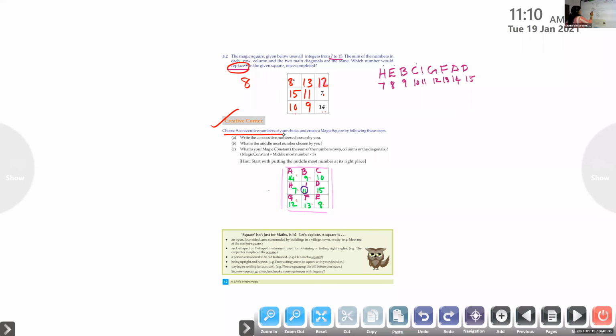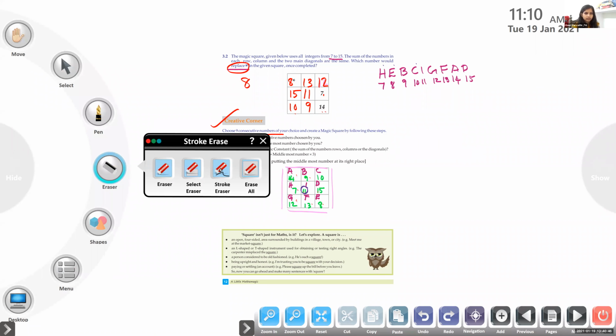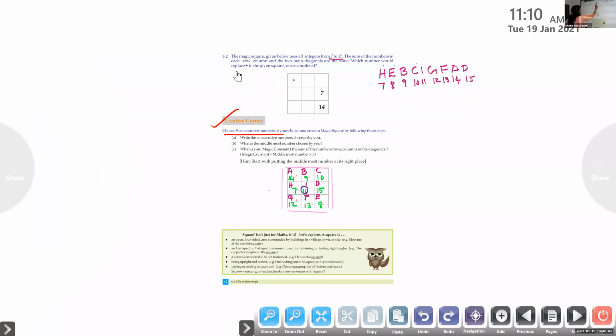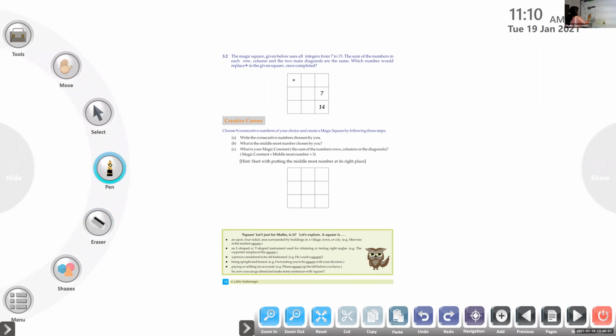So 9 consecutive numbers of your choice. After this period, you can try. Clear? This one I will give you. Just do it and tell me the answer. Otherwise, I cannot check all the numbers which you do. So I'll be giving you one problem. Choose 9 consecutive numbers.